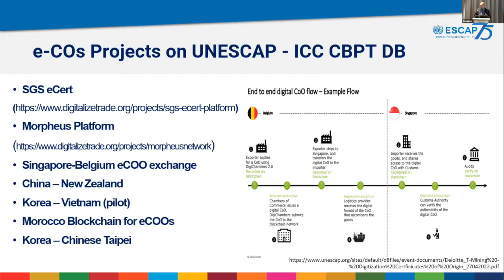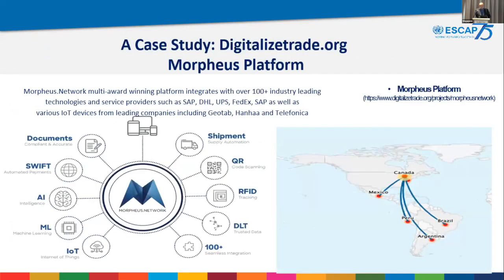There can be bilateral exchanges of information, like Singapore and Belgium based on blockchain, or you can have middleware private sector service providers like the Morpheus platform, linking different actors in the supply chain and exchanging information from the exporting country to the importing country.